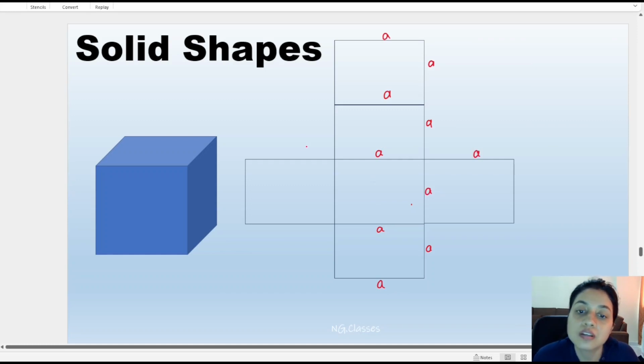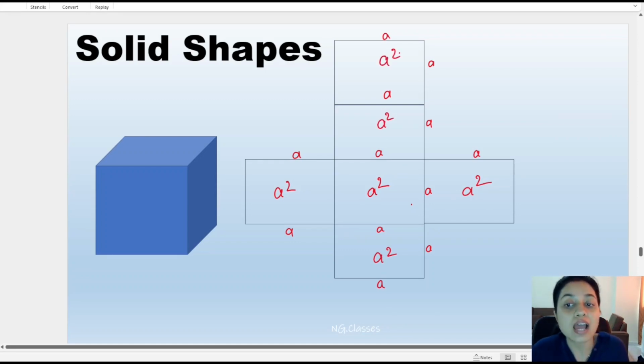Each and every square surface will have area a square, and hence once we add all the areas, we will get the surface area of the cube, that means 6a square. This is the formula for the surface area of the cube.